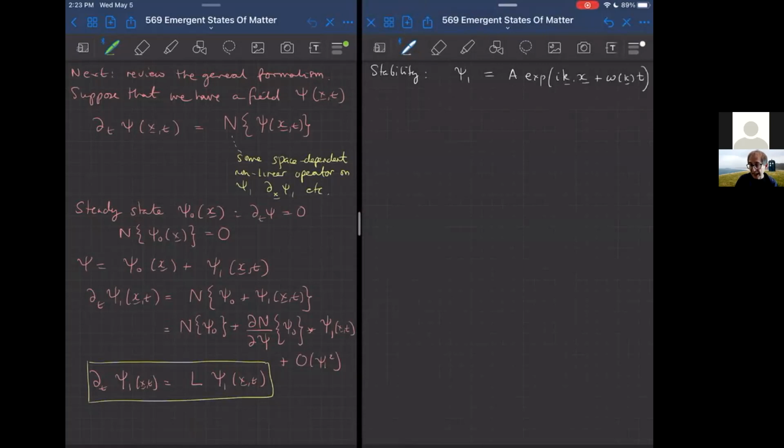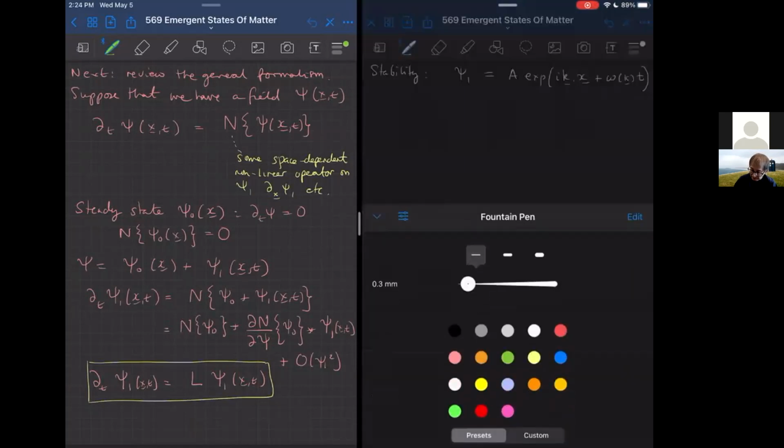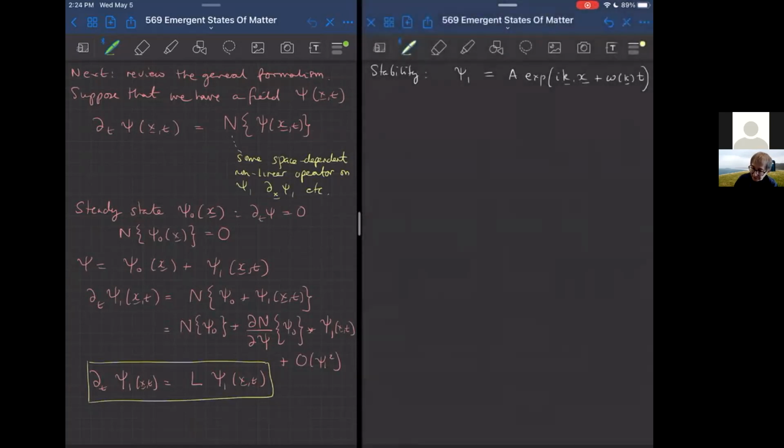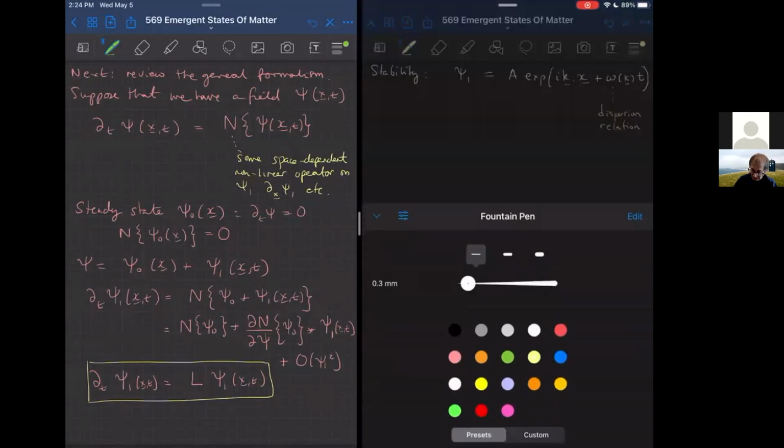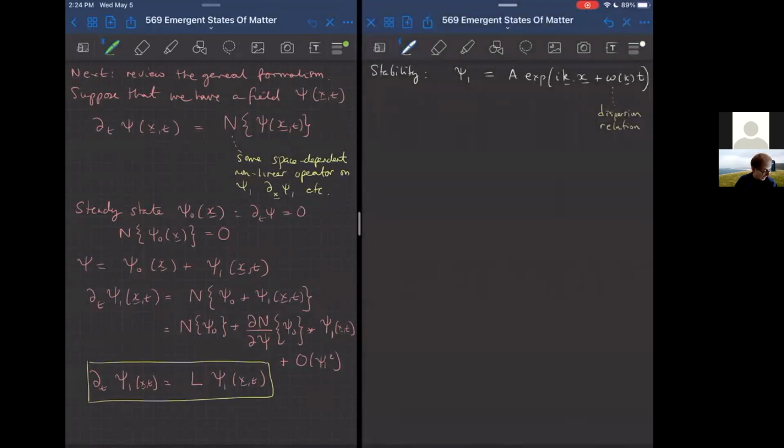The amplitude A doesn't matter because we've got a linear operator here. What we're going to try to find out is the dispersion relation, like we did before, as a function of k.